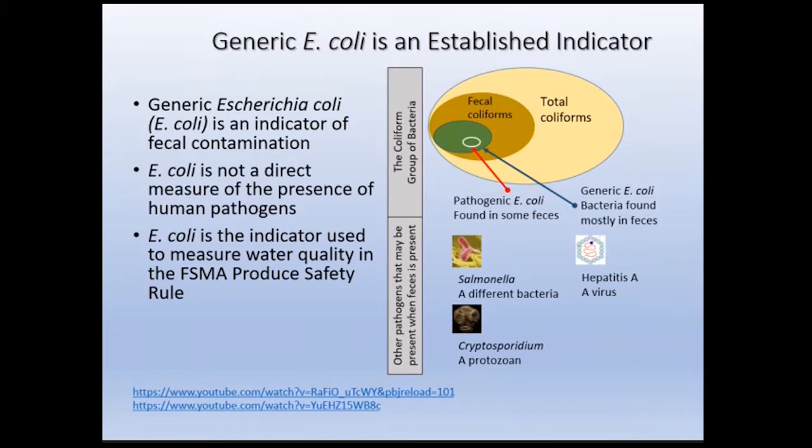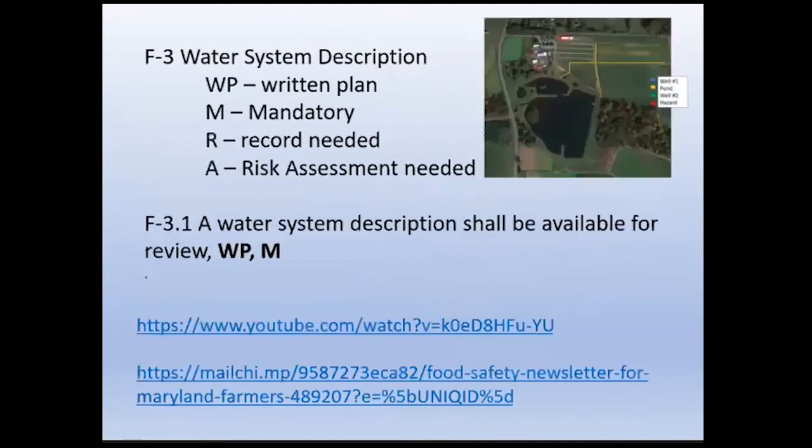And generic E. coli is a part of the total coliforms and the fecal coliforms. So what that tells us is when we have high generic E. coli, we have presence of fecal material. And I think the takeaway from what Shirley said and what this slide illustrates is that when E. coli levels are high, you know you've got fecal material contamination. So you have an increased risk.